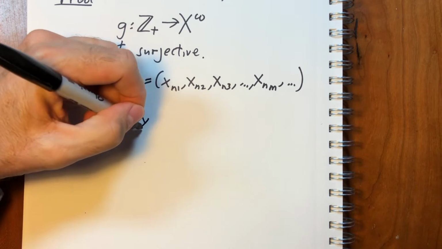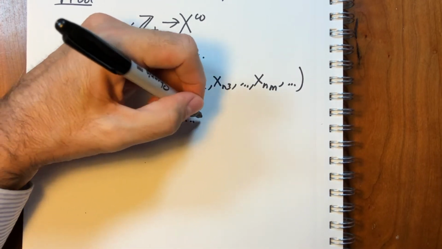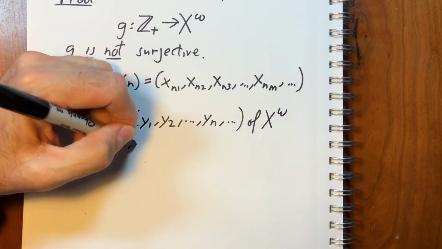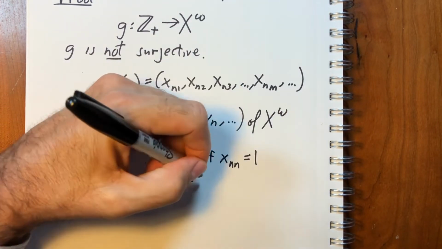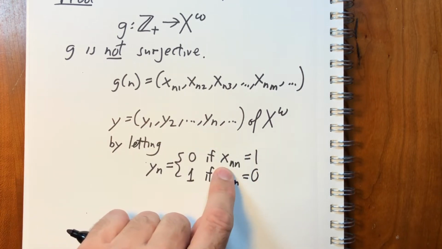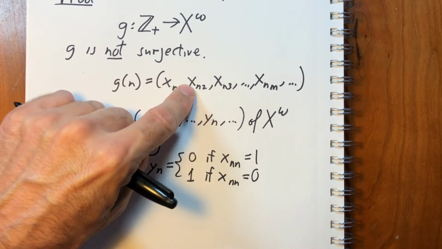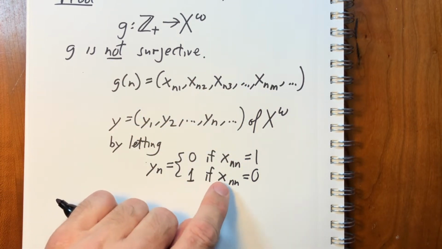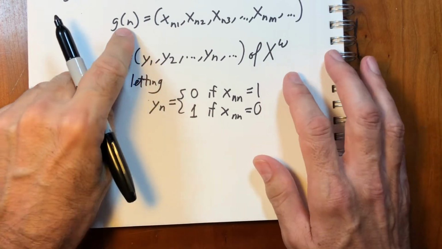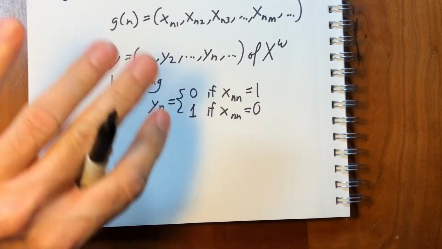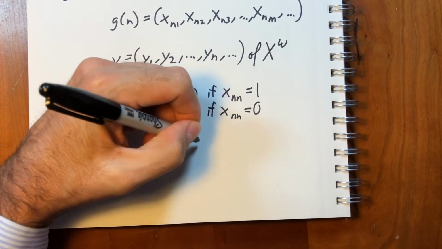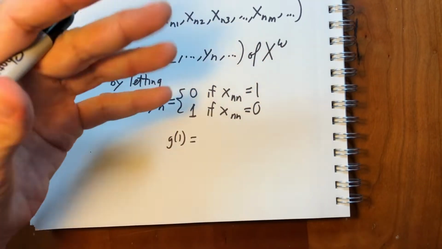Okay, so let's define an element y in X^ω. So it's an omega tuple of ones and zeros, right? And we're going to define it so that each coordinate y_n equals 0 if x_nn equals 1, and 1 if x_nn equals 0. So what are we doing here? If you imagine any function g, we don't care which one, but whatever it is, we're going to have g(1) equals some tuple here.